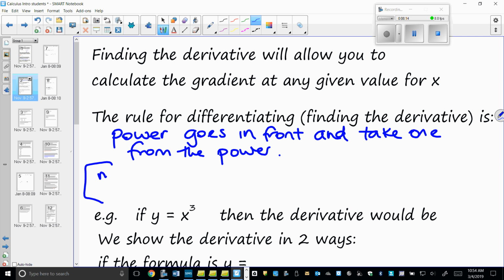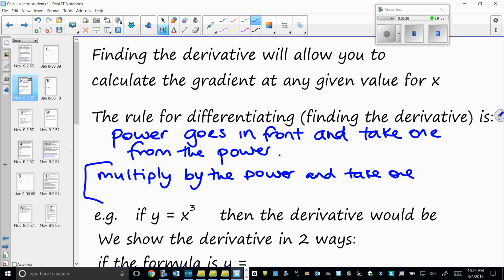Or multiply by the power and take 1 from the power. Okay, said slightly differently, same situation there. Power goes in front, and you take 1 from the power. So that's the process of differentiating.